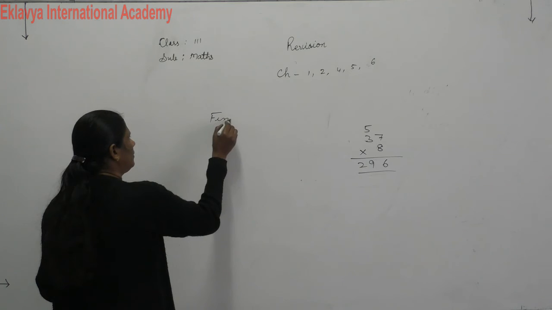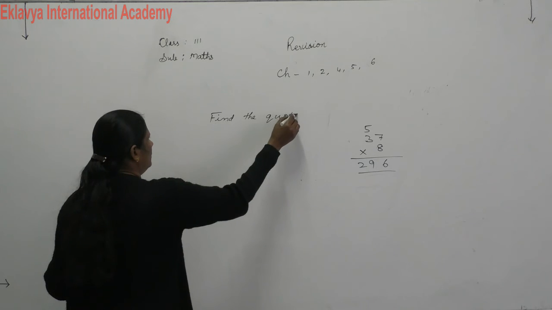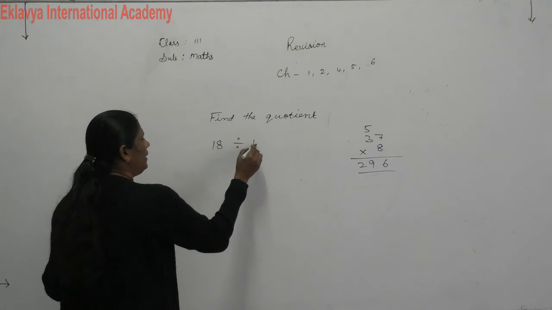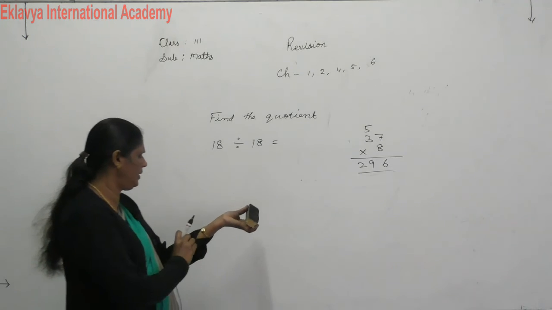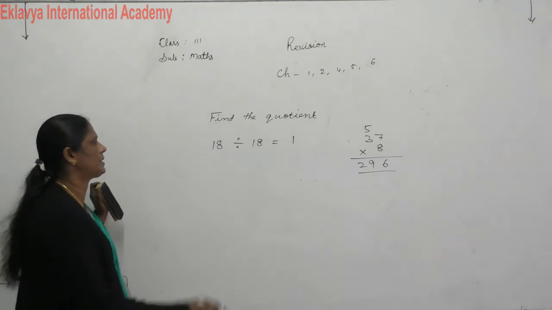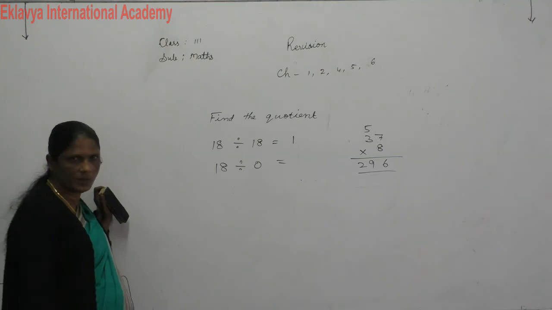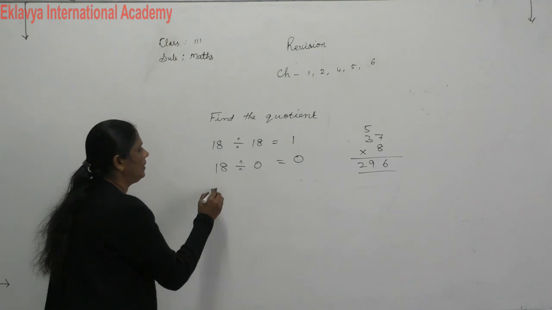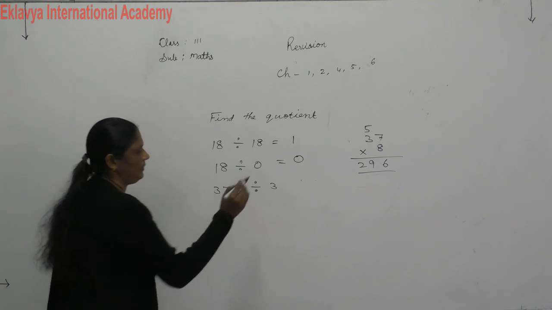Okay, then find the quotient. 18 divided by 18 is equal to, the table of 18, how many times come here? 18 times 1 is 18. 1 time. Then 18 divided by 0 is not possible, then we write 0. Okay. Then 373 divided by 3.